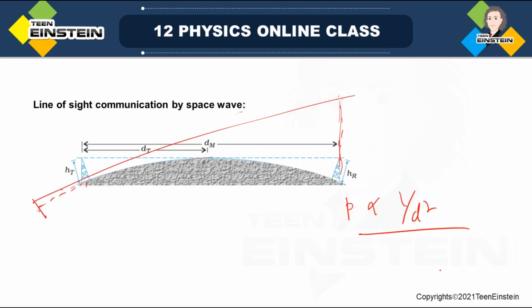So the range of TV transmission can be increased by increasing the height of the transmitting and receiving antenna, and by using a repeater transmitting station. Repeater means in between there should be some antenna which will receive the signal, increase its power, and then send it again to the receiving antenna.